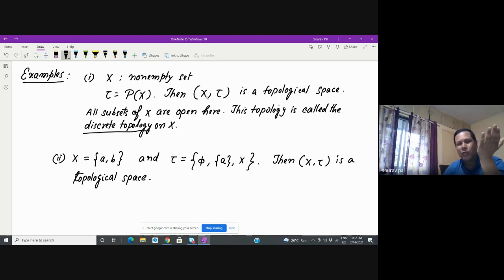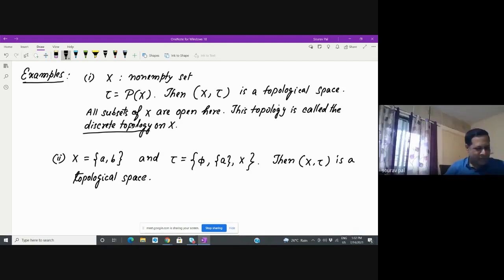And how do they look? They are scattered, right? If you take two one-point sets in any space, they are two distinct points, scattered from one another. So this is perhaps the reason behind this discreteness. All sets are open here, but all one-point sets will form a base. We will see that in a few moments.